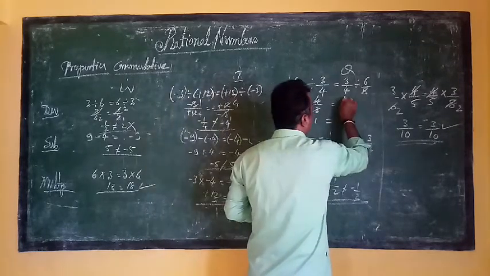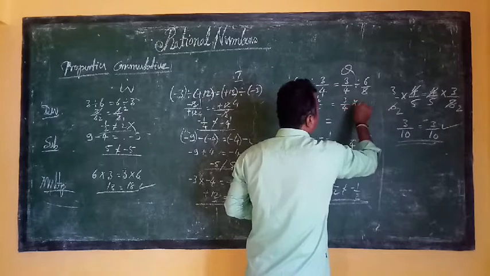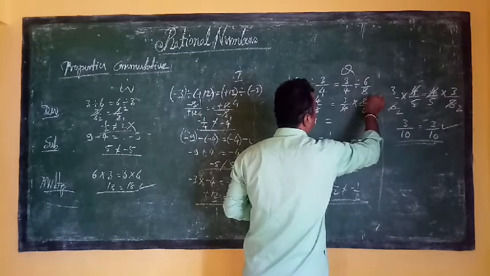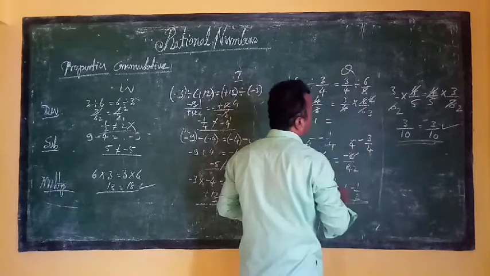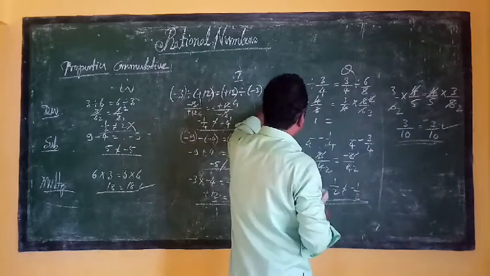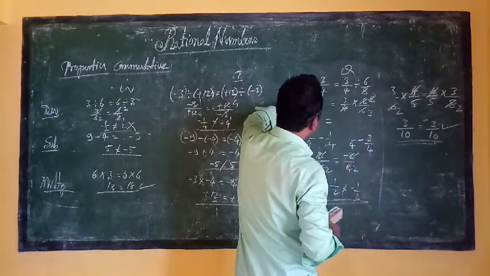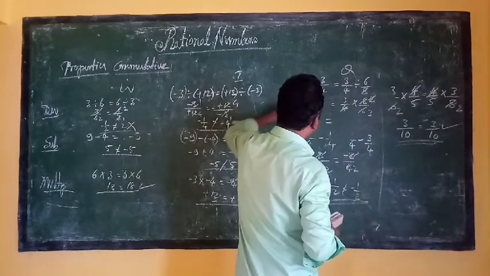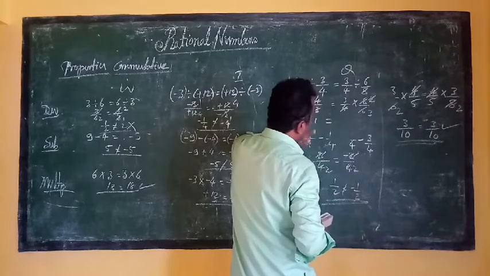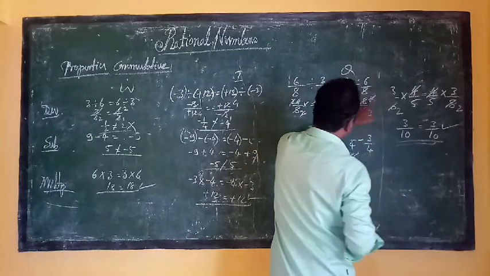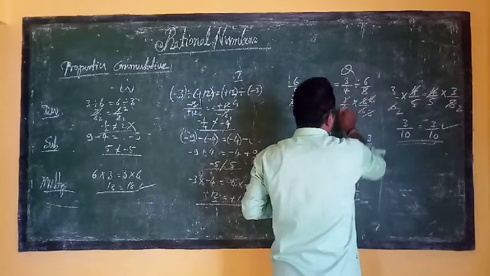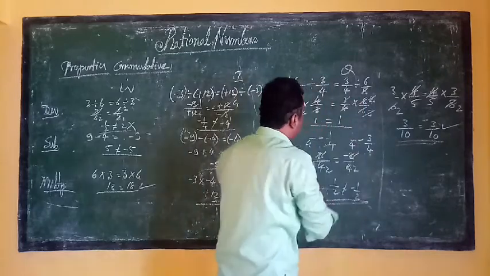Next, 3 by 4 into 8 by 6: 4 ones are 4, 4 twos are 8, 2 ones are 2, 2 threes are 6, and then 3 gets cancelled, remaining the same. So I will take another example.